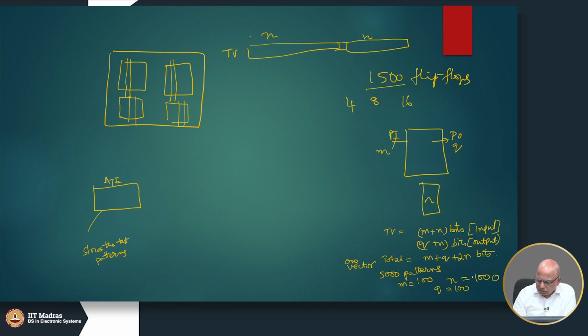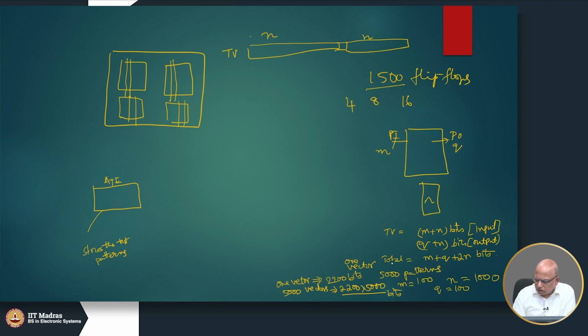So, you will realize that one vector will correspond to approximately 200 plus 2000, so 2200 bits. And if you have 5000 patterns, it will correspond to 2200 multiplied by 5000. Okay. So, those many bits.